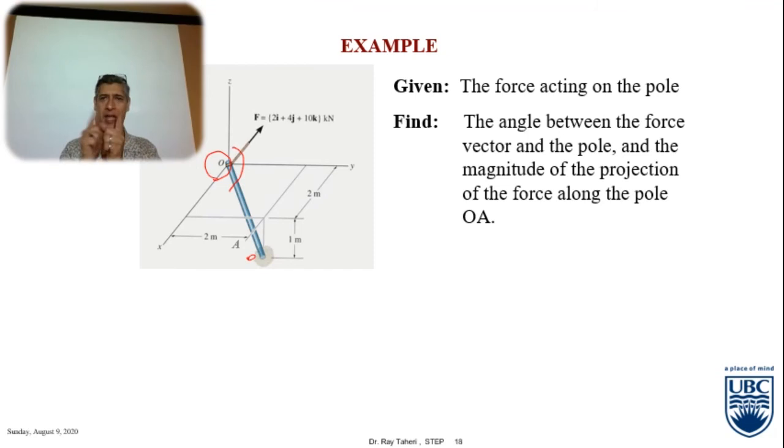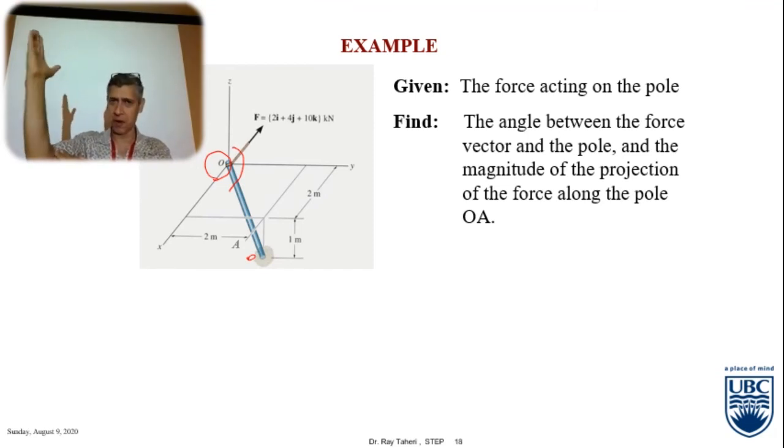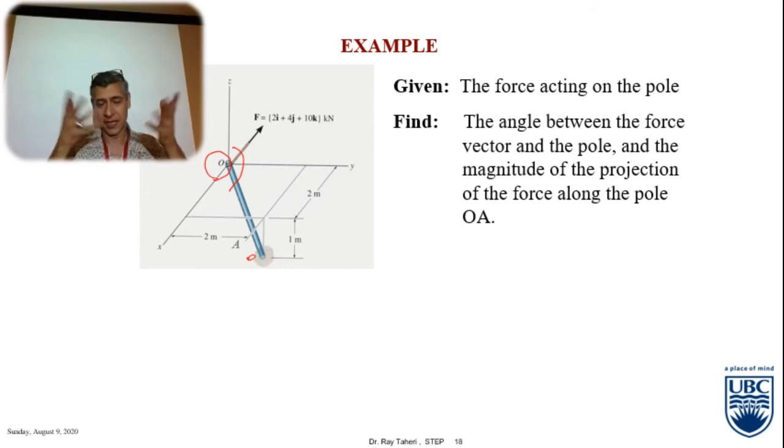So dot products, one application was you find the projection of one vector on the other direction. The second one was finding the angle between two vectors. So let me just get this written on here.